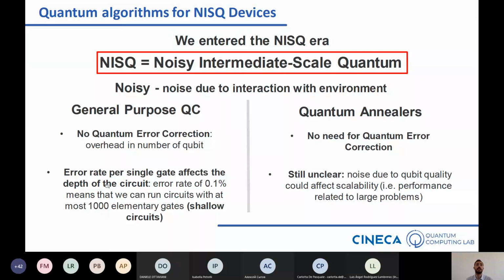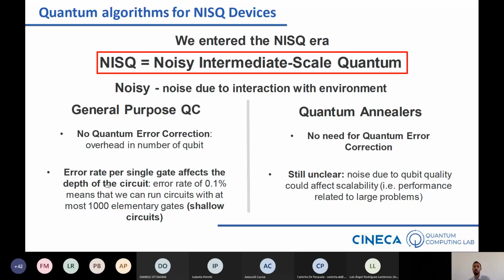What does it mean? It means that we cannot run circuits that are too deep, which means circuits that involve a large number of gates. For example, roughly, if the error rate is something like 0.1% for a single gate, then we can run circuits that have at most 100 elementary gates.